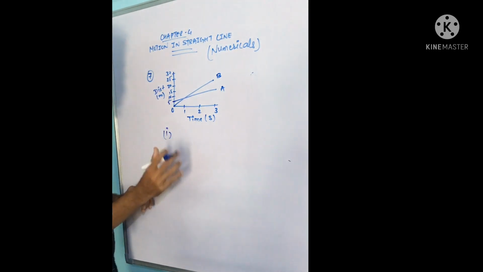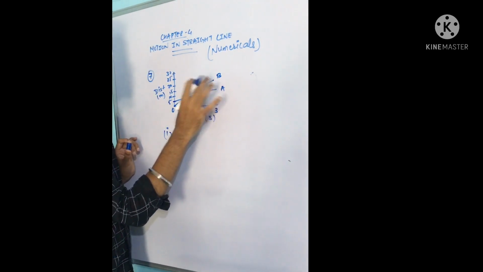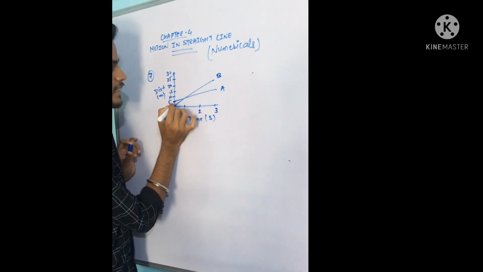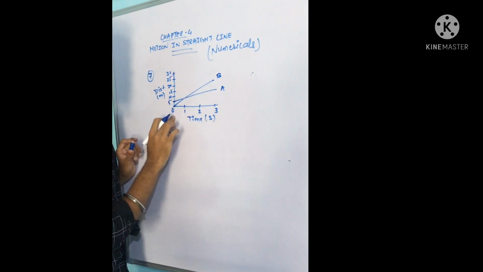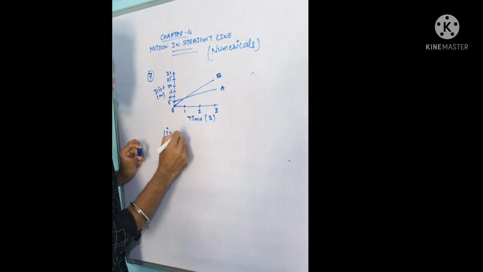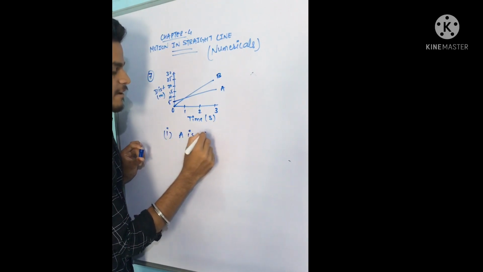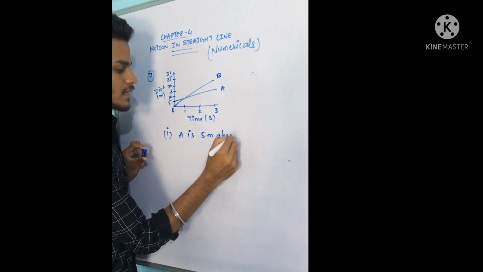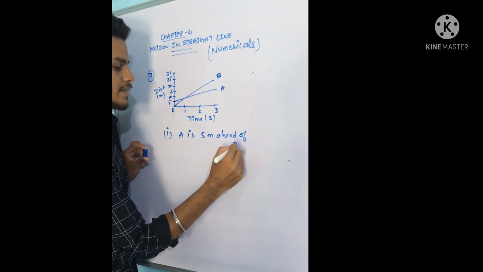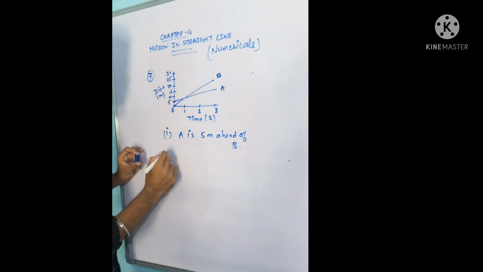First part, how much distance car A was ahead of car B initially, at initial point. At initial, B is at 0 and A is at 5. So how much distance is A ahead? A is 5 meter ahead of B. Clear? From the graph we say it directly.